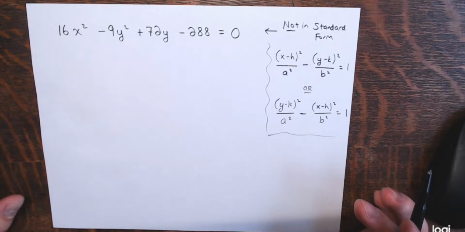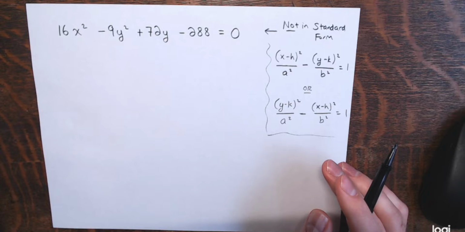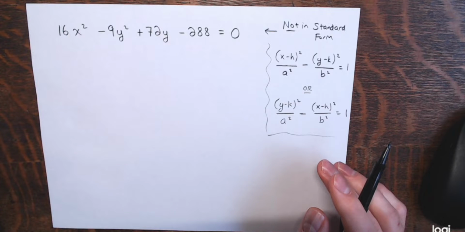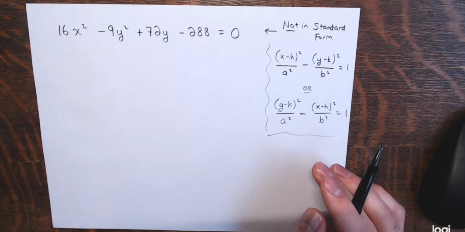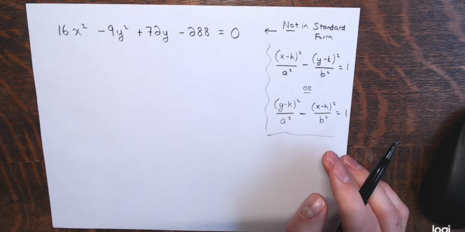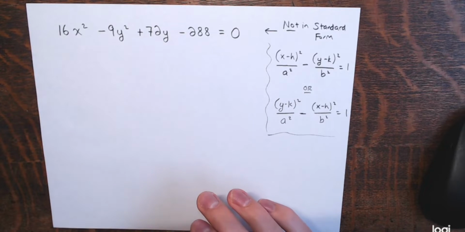And the way we're going to do that is very similar to how we changed equations to standard form for circles or ellipses. If you saw my section 12.0 video on circles, or the section 12.1 videos, especially section 12.1 part 3, in those videos I went through changing an equation like this into the standard form by completing the squares.